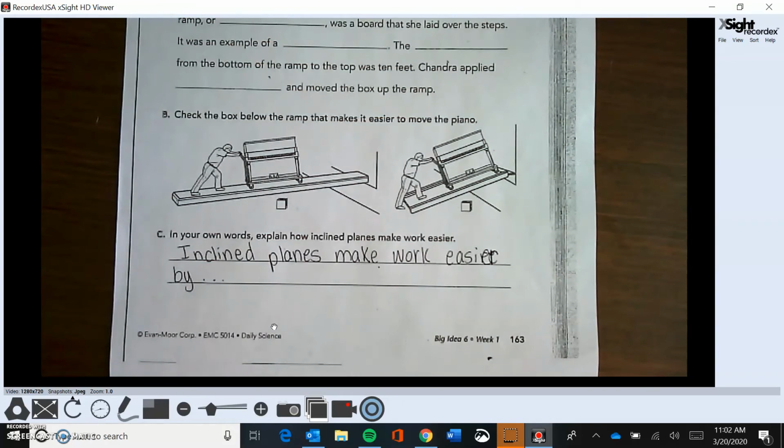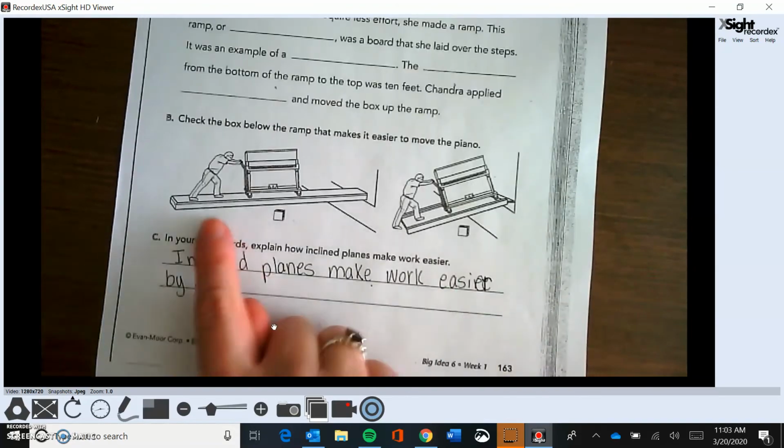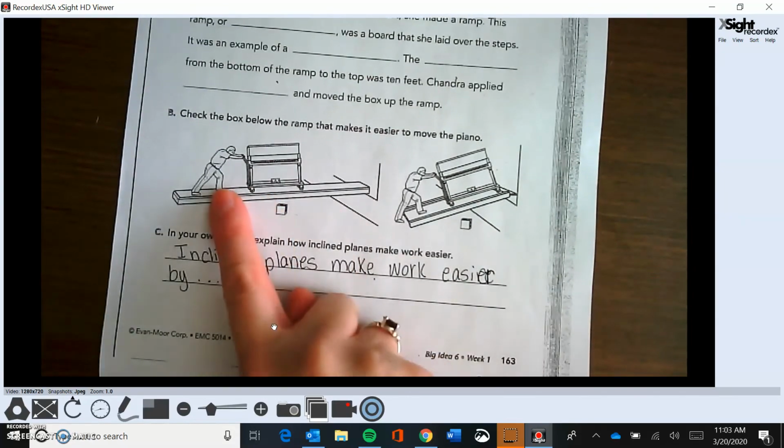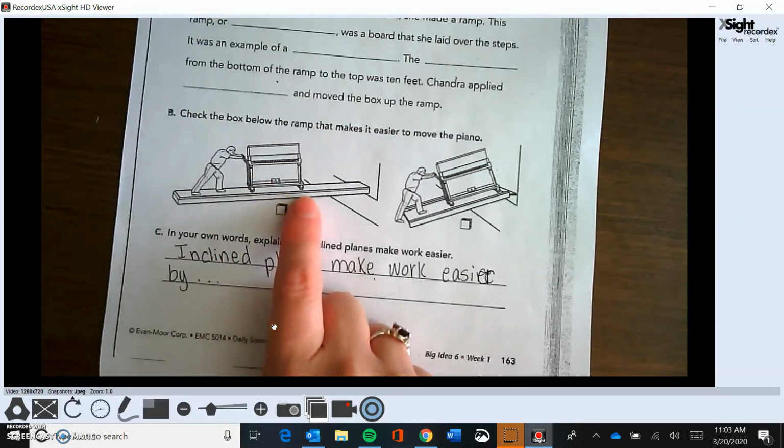So you can use that as a sentence starter. How does this inclined plane help this guy move that piano? You can use that as an example there.